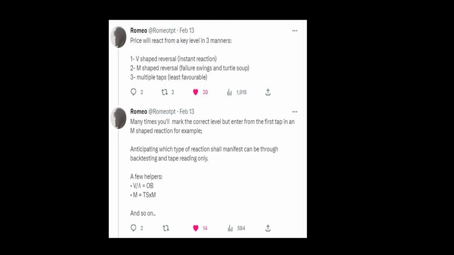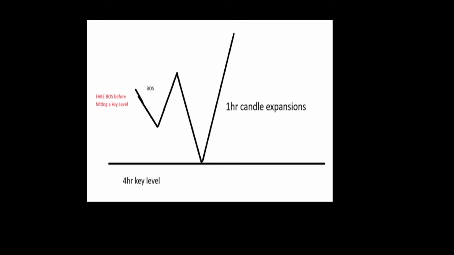Multiple taps on key level are most prevalent when it's a higher time frame level, like daily or weekly. So here it is. This is when a single tap of a key level is high probability. A fake BOS before hitting a key level will sucker in early buyers and it will hit their stop loss into the key level. This is when a single tap is most probably going to play.